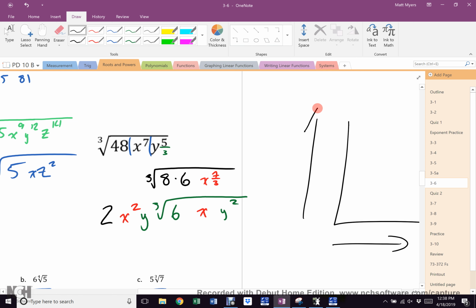How many times will I ask, are you okay? As time goes on, what will happen to the amount of times I ask? It will go up. At the beginning of the year, I didn't ask very often because there wasn't a lot to learn. But what's happening now? I ask after every example.